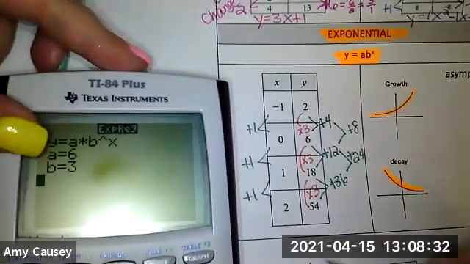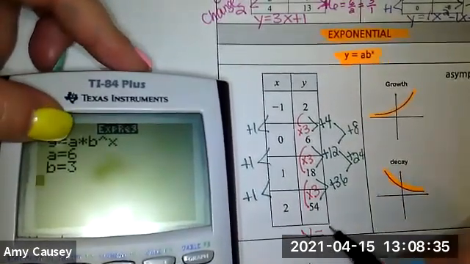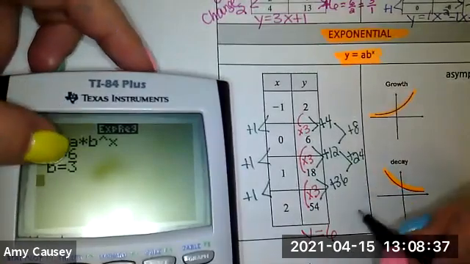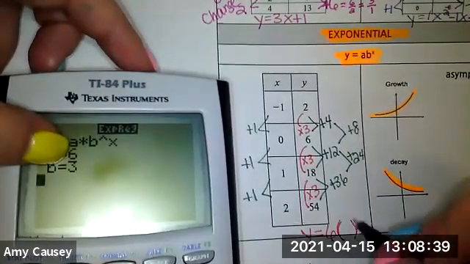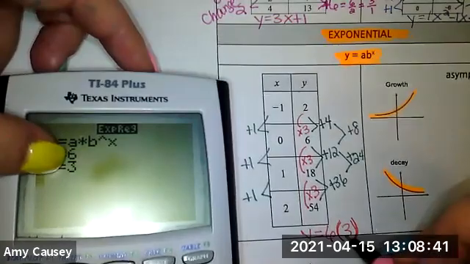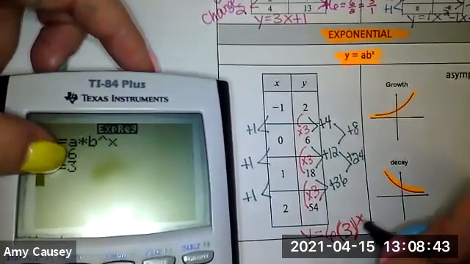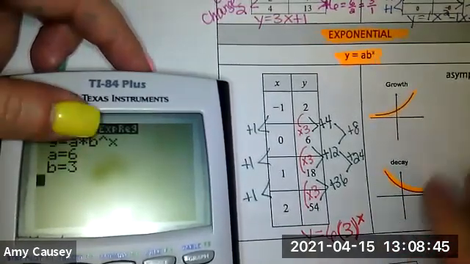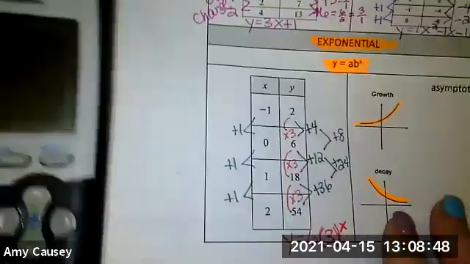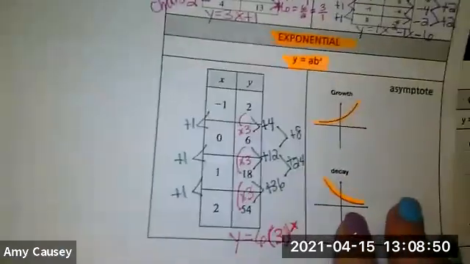So here it looks like my A is 6. My B I'm going to put in parentheses, which is 3. And it's always going to be to the power of x here. So that's my equation.